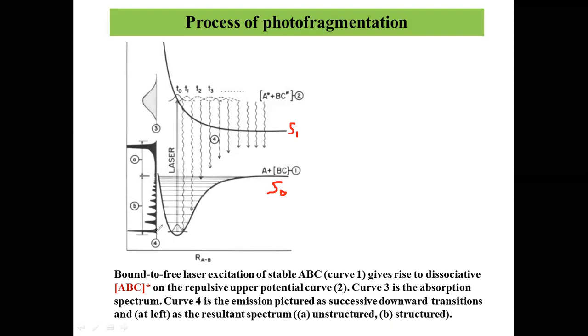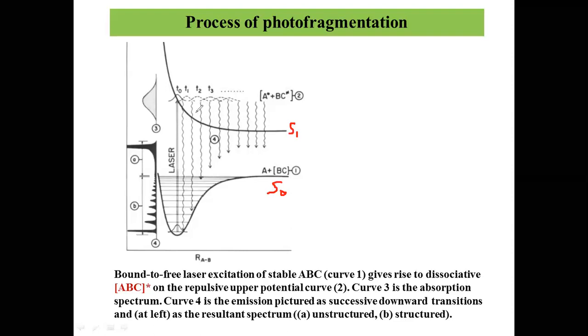On the left hand side, there are actually four parts. If you look here, the first part is this one, the bound state S0. Now the laser is going to take it to the excited state. That is a repulsive curve, that is 2. When it is on this surface, the system is going to roll over this, or the wave packet is going to move.